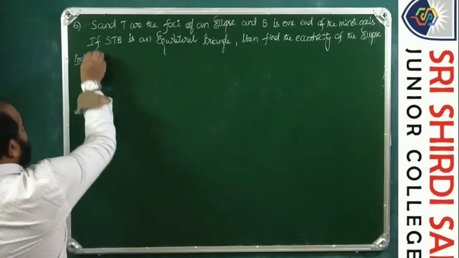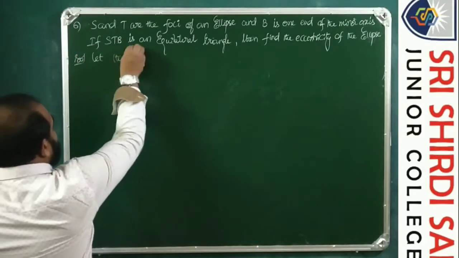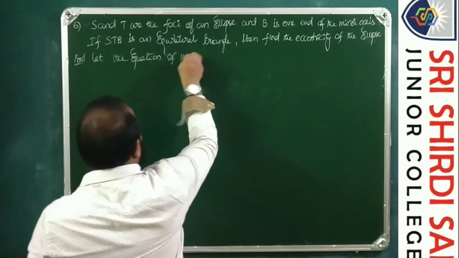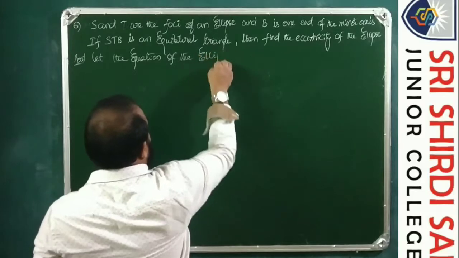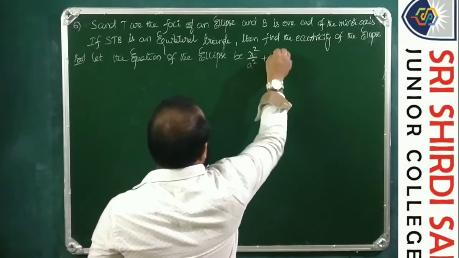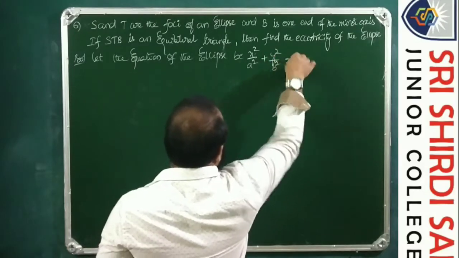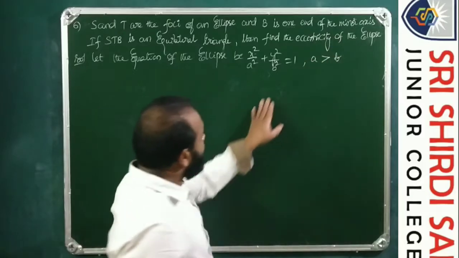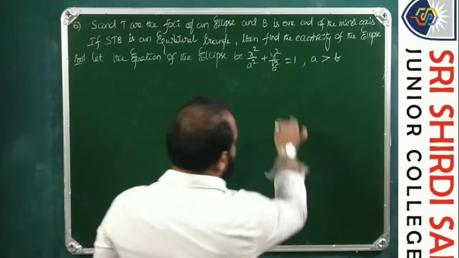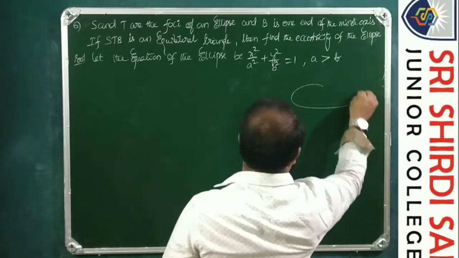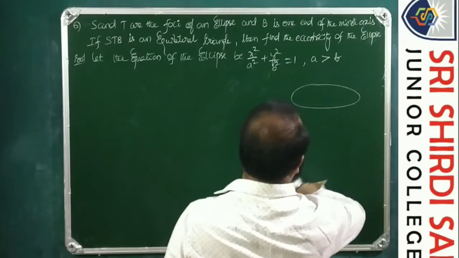So let the equation of the ellipse be x square by a square plus y square by b square equals to 1 with a greater than b. So if a greater than b is the case, then the supposed ellipse is this. This is our supposed ellipse.